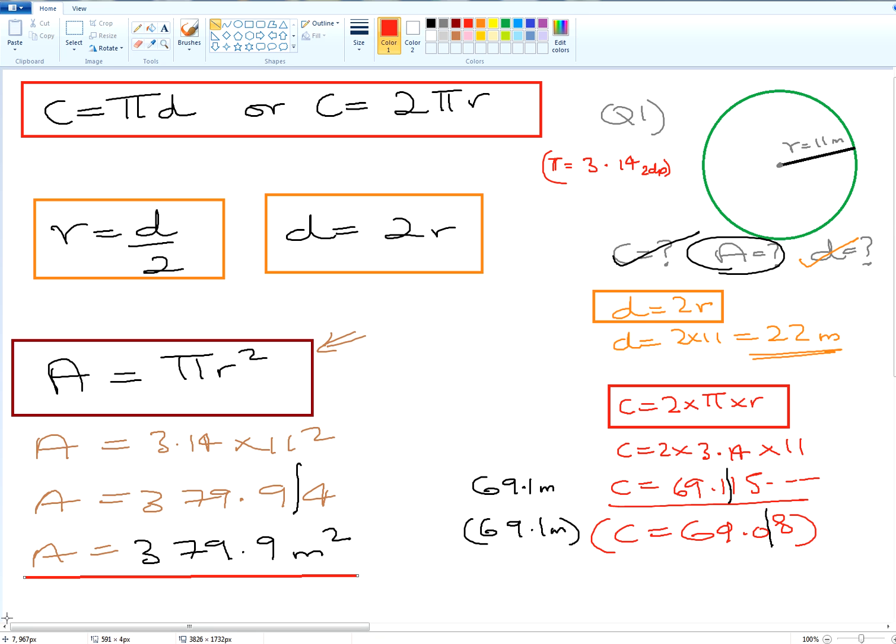Okay. So the final answer will be 379.9 meters squared. Area is the only one that will give you squared units. All the rest will give you meters. We did put the answer down here, and we get rid of this.